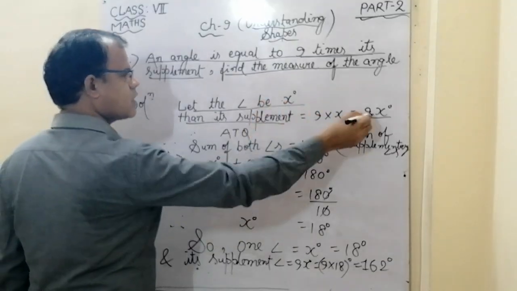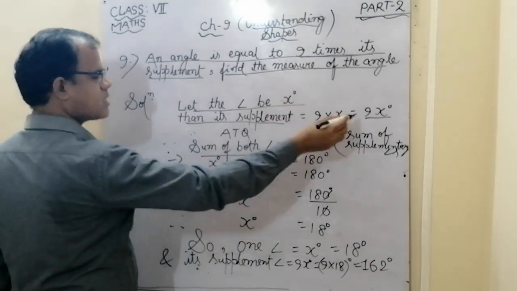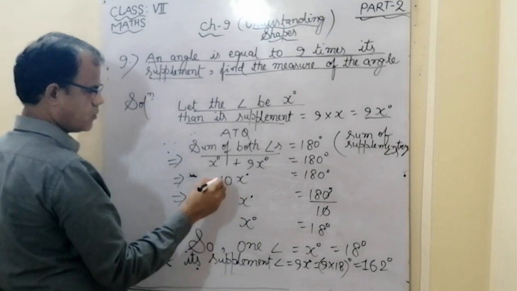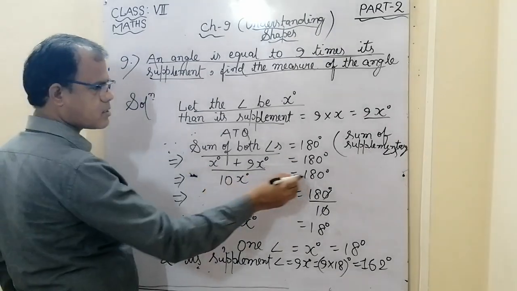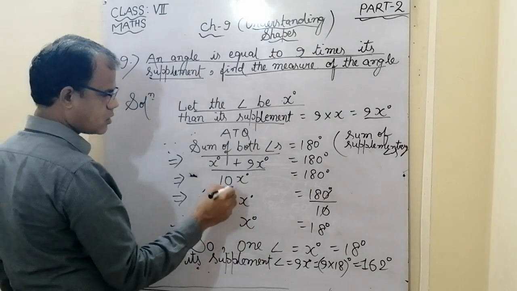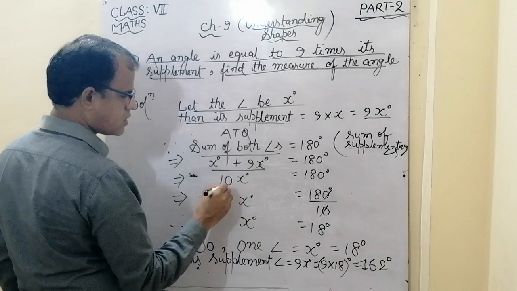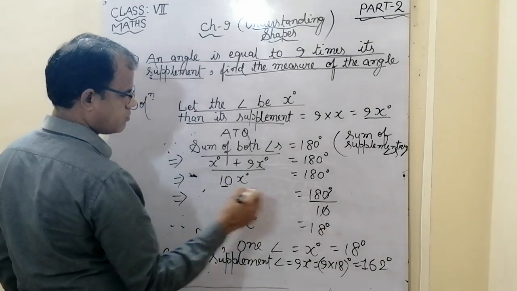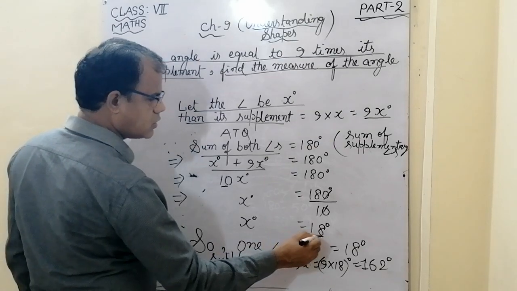So x degrees plus 9x degrees equals 180 degrees. So x plus 9x becomes 10x, and 10x equals 180 degrees. So x equals 180 divided by 10, so x equals 18 degrees.